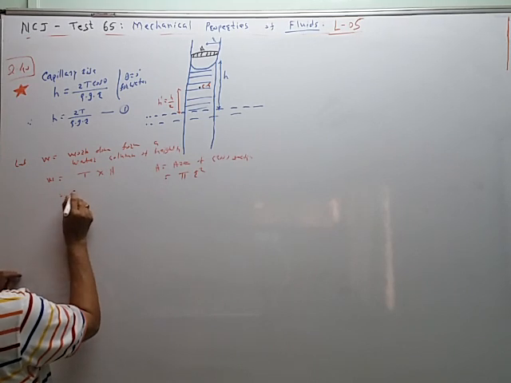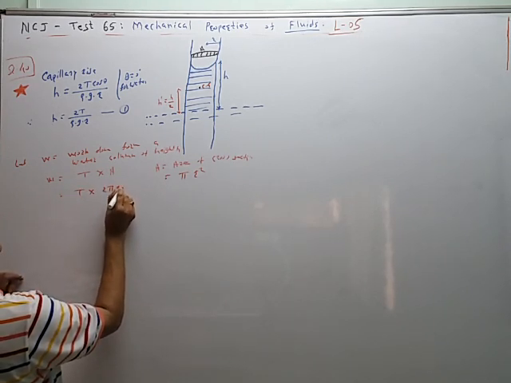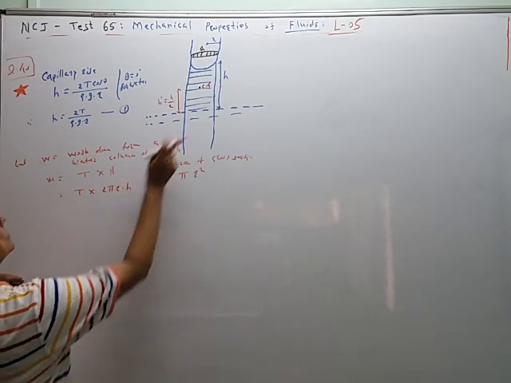So this is equal to T multiplied by circumference 2 pi r multiplied by height h.